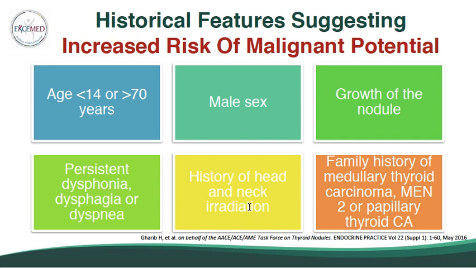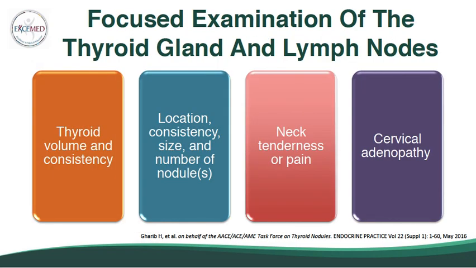History of head and neck irradiation, very easy to ask in the history, but very important. And of course, patients with a family history of medullary thyroid carcinoma, or patients who have families of multiple endocrine neoplasia or papillary thyroid carcinoma also puts this patient at increased risk of malignant potential.